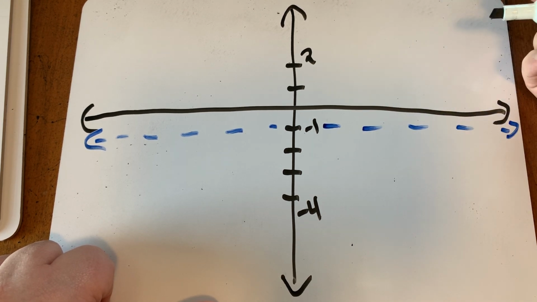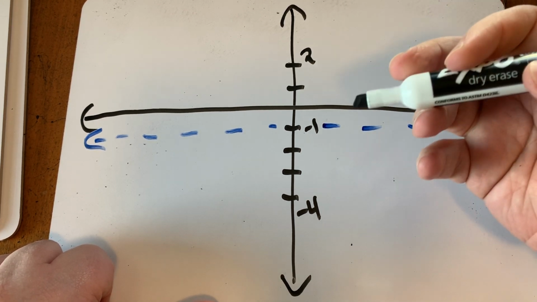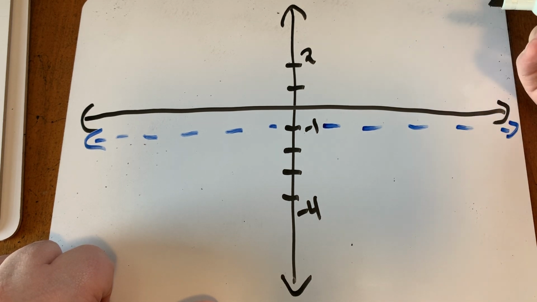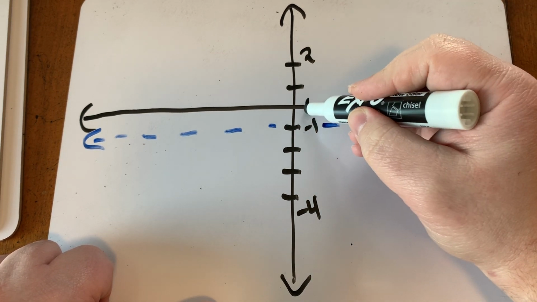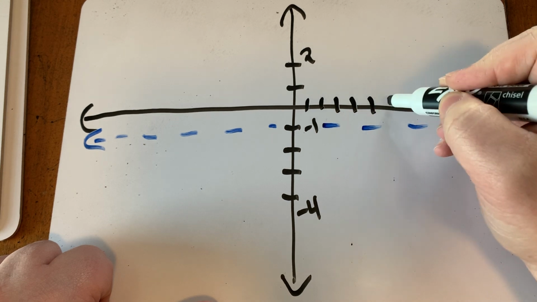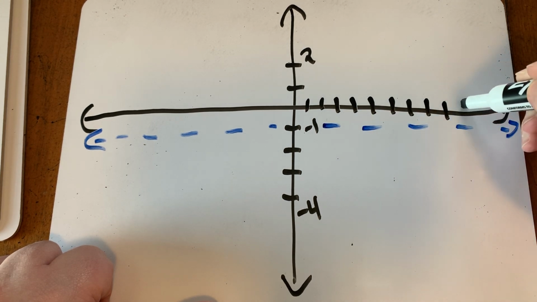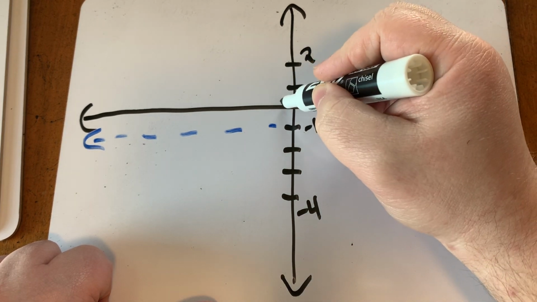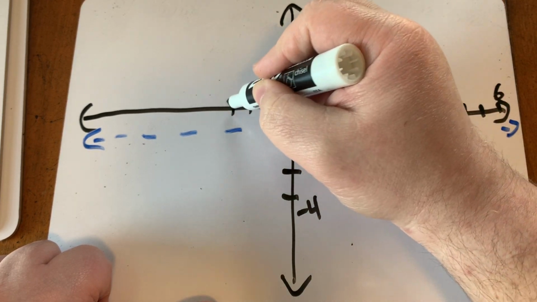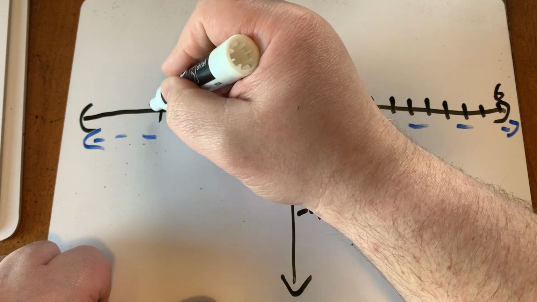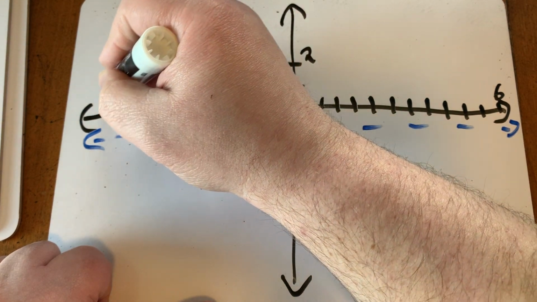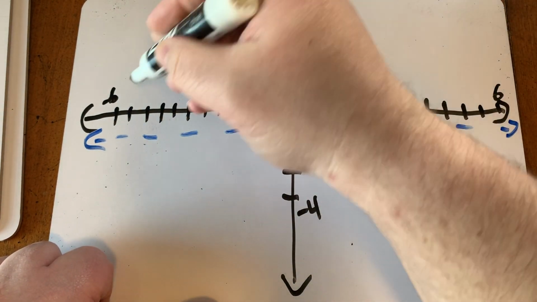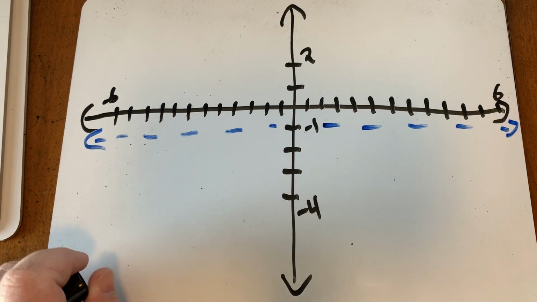Every 3 tick marks would be a quarter of a period, and every 12 tick marks would be 1 period. So 1, 2, 3, 4, 5, 6, 7, 8, 9, 10, 11, 12. So that's 6. And 12 going the other way. That's -6. So we'll be able to see 2 whole periods.